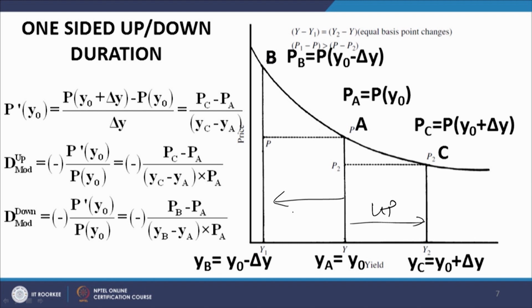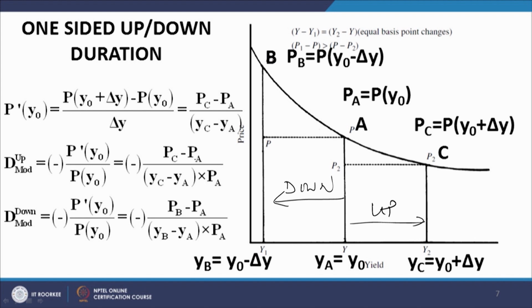This is up, and this is down. So, when we work out the down duration, we consider only Pb minus Pa, that is, we assume that the YTM has declined from y0 to y0 minus delta y, and when we consider the up duration, we consider Pc minus Pa, that means we consider the up movement of the YTM increasing from y0 to y0 plus delta y.